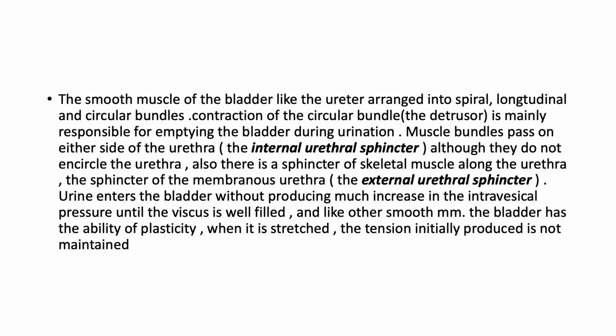As we said before, the bladder wall consists of smooth muscle, which is the detrusor, arranged in three layers: two circular and one longitudinal, or one circular, one spiral, and one longitudinal. The circular layer will pass into the urethra to form the internal urethral sphincter, while the external urethral sphincter is a striated muscle.